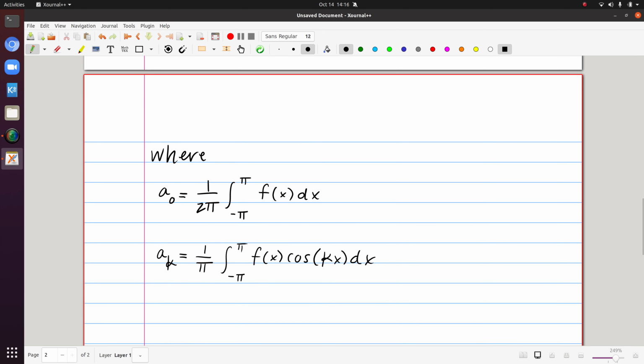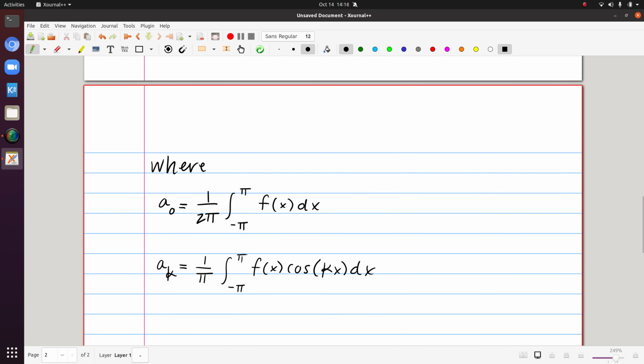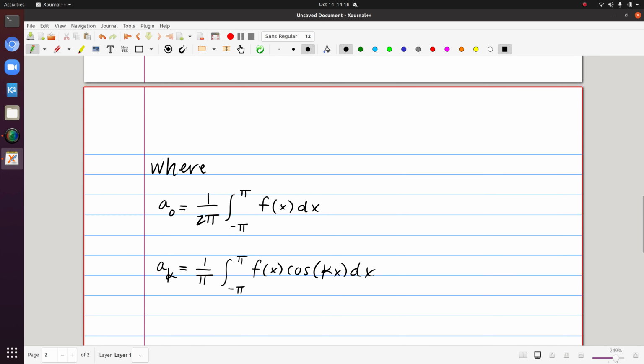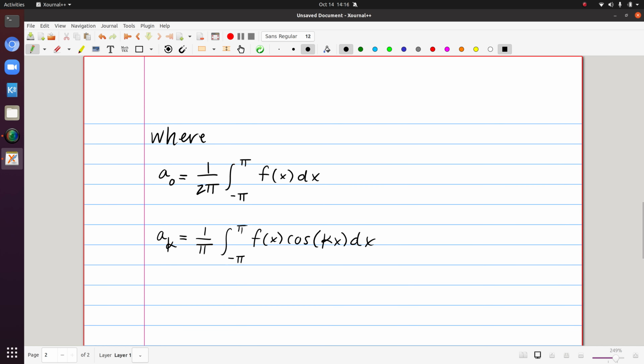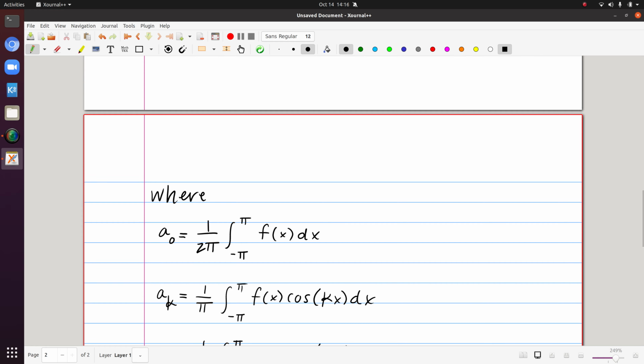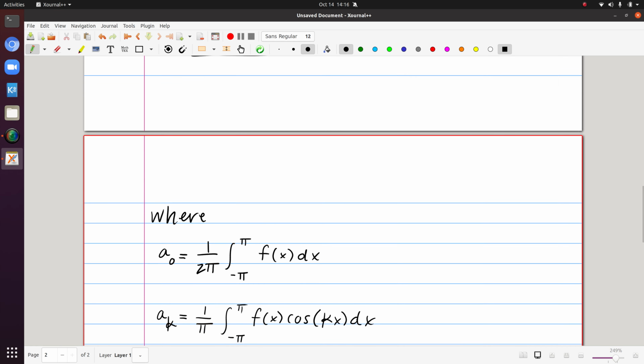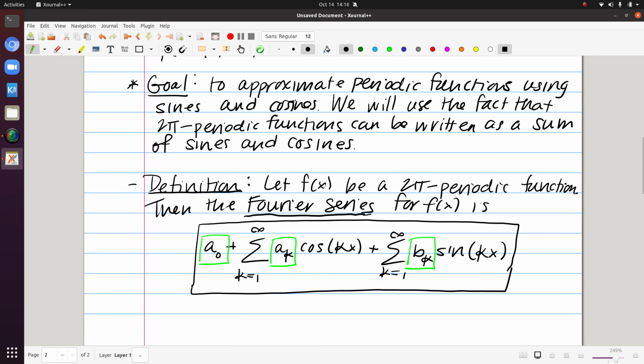So the a sub k both sits in front of cosine in the summation, and we also find it by integrating f times that same cosine function. And then finally, b sub k is somewhat symmetric to that. We have the integral from minus pi to pi of f of x times sine kx. And again, b sub k is the coefficient associated to sine kx, and we find it by integrating f times that same sine function.